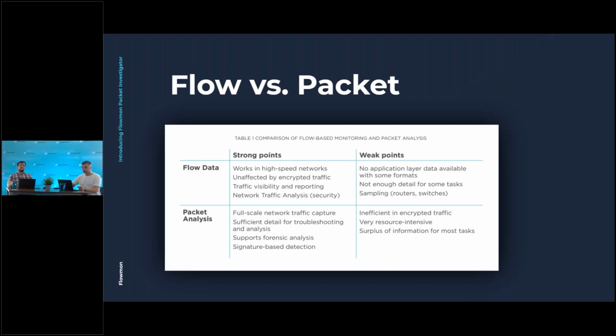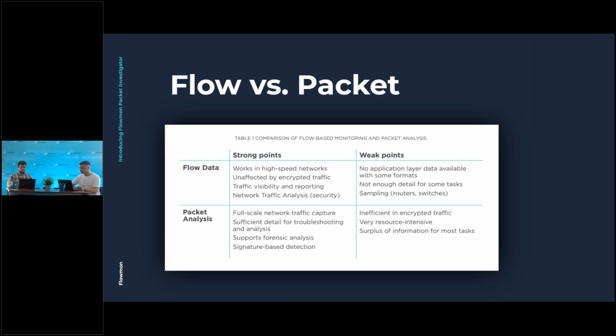There are multiple approaches on how to solve this problem, and Flowmon covers two main parts. They are often being compared: Flow versus Packet. Flow represents network telemetry data, usually IP headers with some level of visibility into the application layer, but definitely not as deep as Packet that covers entire raw communication.